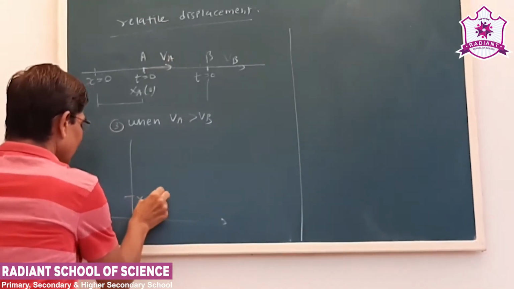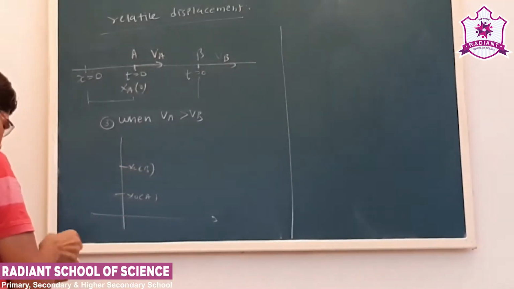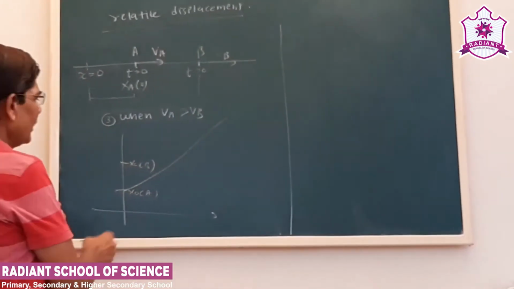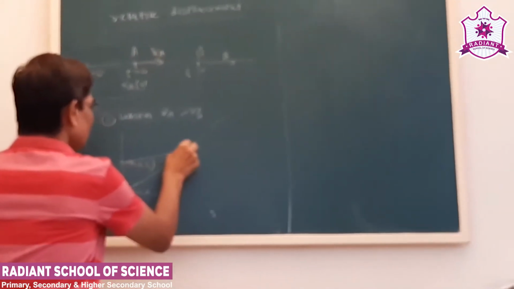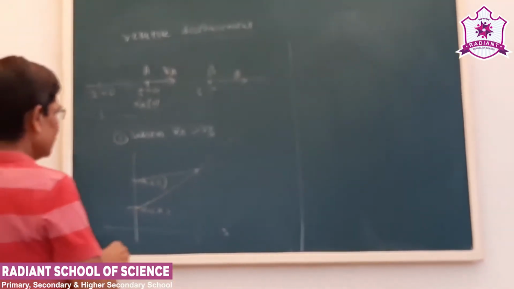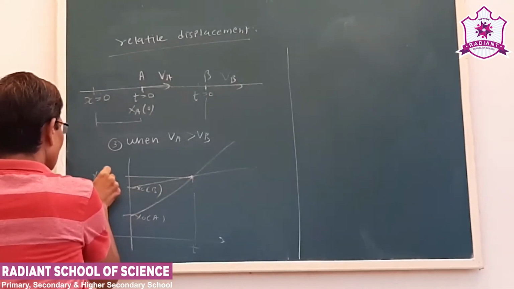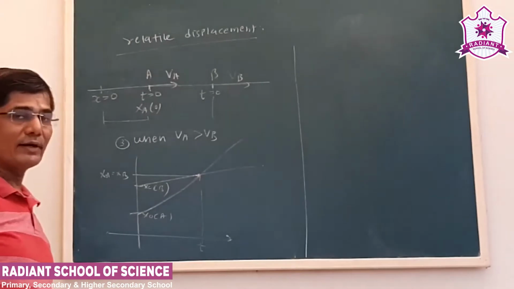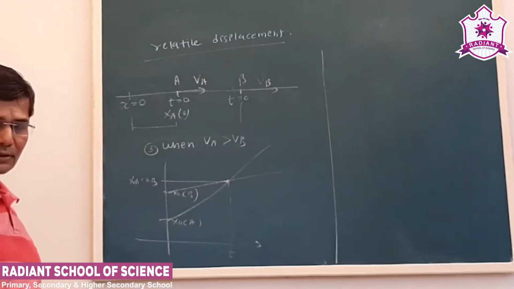This is x0A, this is x0B. A has a larger velocity, B has a smaller velocity. This is the time when they meet, and this will be the position. Here both will meet, so their position is the same. Now we have to find out at what time they meet and how much distance is covered.